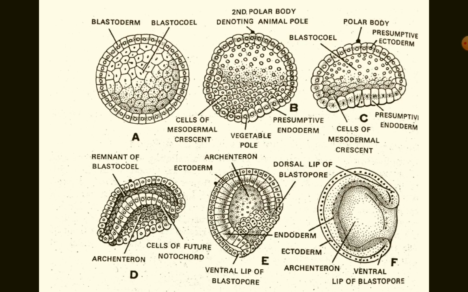And F1 shows the closure of this blastopore, because earlier the dorsal lip of the blastopore forms first, and then with the involution of the mesoderm you form the ventral lip of the blastopore.